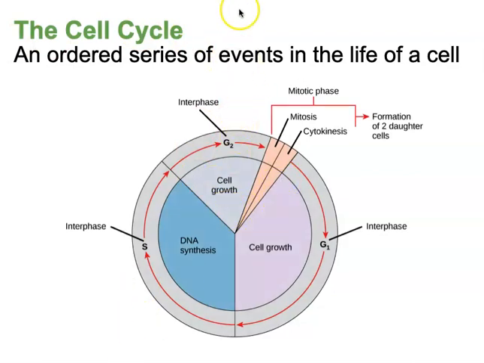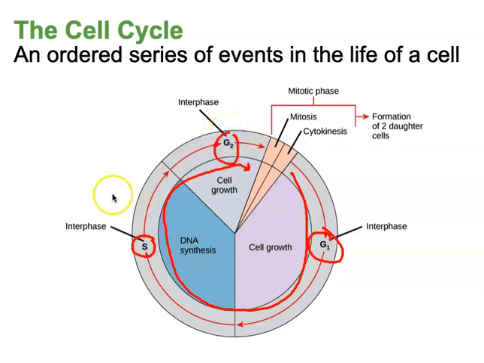Let's change colors for you. Primarily during this interphase piece, which is why Mother Nature does this. And what she does is she creates these series of mechanisms that allow for things to occur. And that is, growth will occur. Should we need to replicate the genome, that occurs. And then we check to make sure that everything was done properly. So the pattern is cell growth, replication of genome, and then continuation of growth.